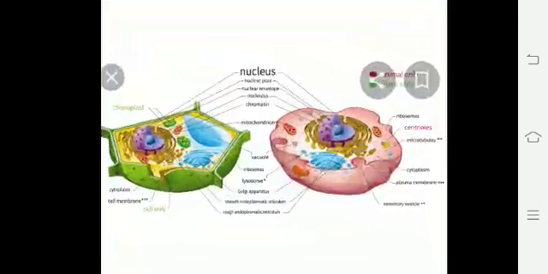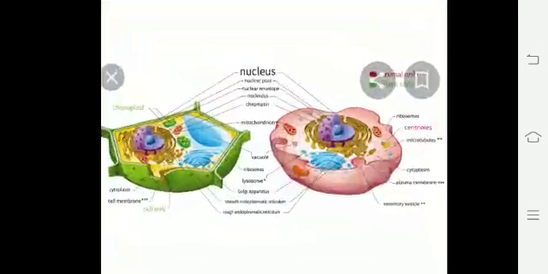Before that, my dear students, you have to keep in mind the difference between the plant cell and animal cell, which I am also going to tell you while teaching. Here we can see that only the plant cell has a cell wall, but the animal cell does not. Plastids we can find in the plant only, not in the animal cell.